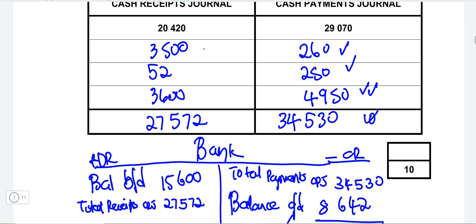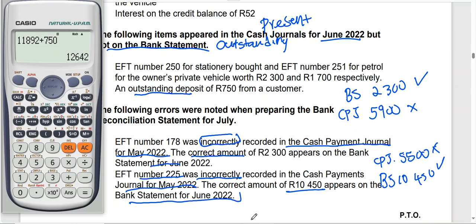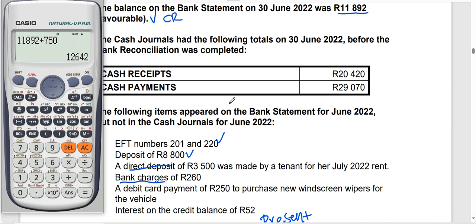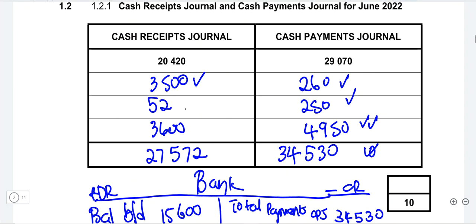And then for the CRJ, 1 mark, that 3.5, I forgot how we got it, the 3.5. Let me check. Oh yeah, it's 1 mark because you didn't have to work it out, and then the 52, it's 1 mark. And then also here, this 3.6, it will be 2 marks because you had to work it out, and then 1 mark here.